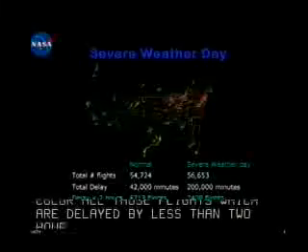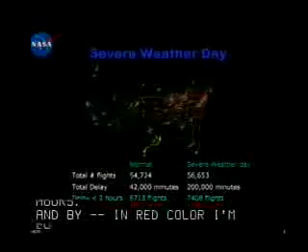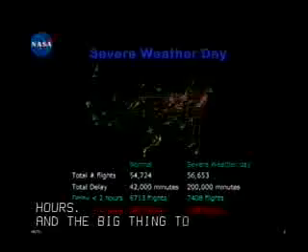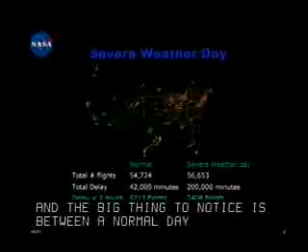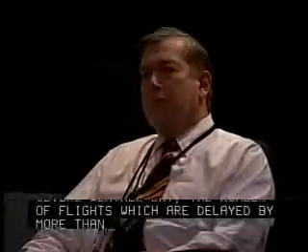And in red color, I am showing all those flights which are delayed by greater than 2 hours. And the big thing to notice is between a normal day and a severe weather day, the number of flights which are delayed by more than 2 hours almost triple. And could I have the animation, please?